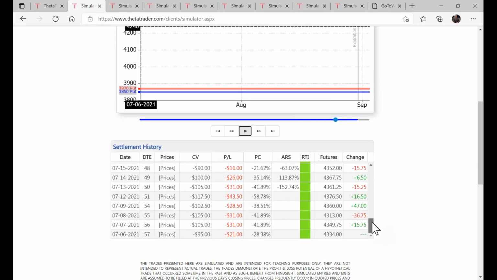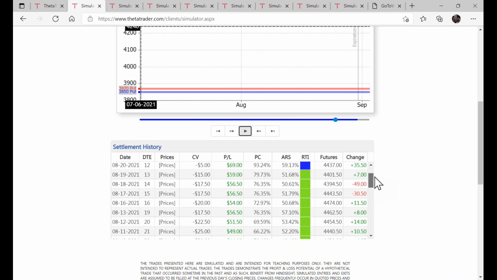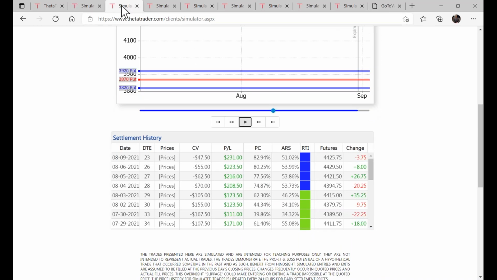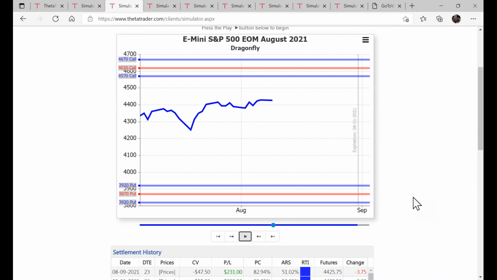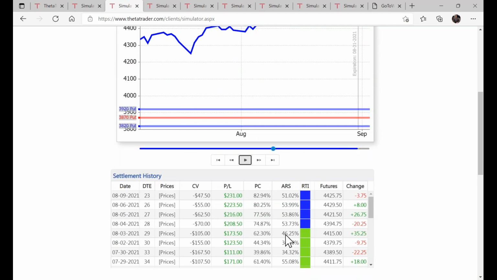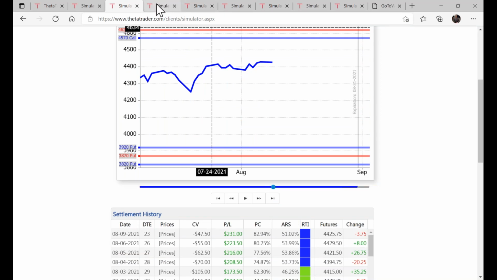Compare that to the Condor. You had to wait till August 20 before you took profits on that one. So you can see the Condor and the Dragonfly have different characteristics, and the Dragonfly will sometimes mature more quickly than the Condor. So that's the big advantage there. So you can take your money off the table and go to something else.